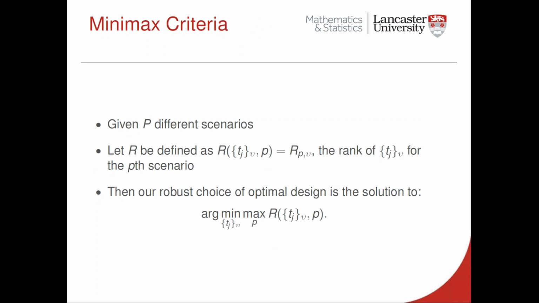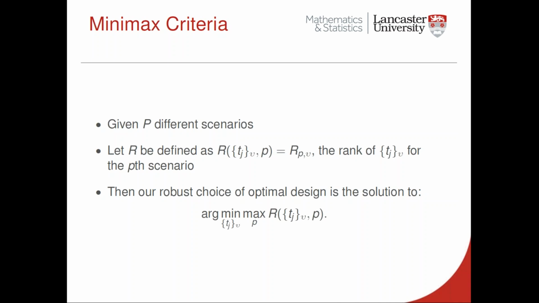Okay, so now that I can find what the optimal time points are for a given model, and I can incorporate practical constraints such as the zones that I've just introduced before, I want to think about how can I incorporate the fact that there are potentially different scenarios, different models, different truths that I'm assuming.